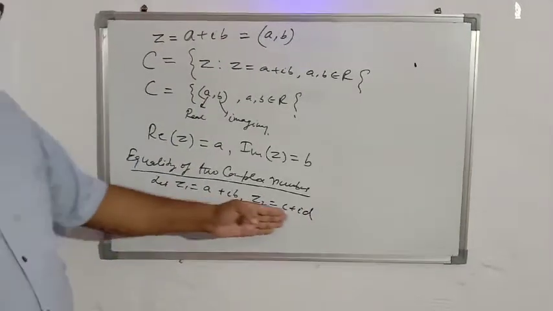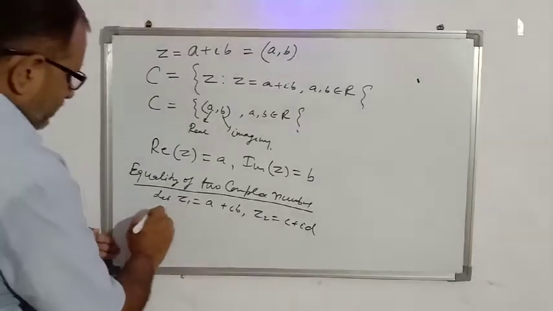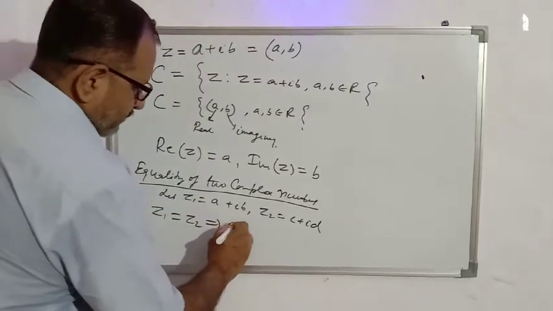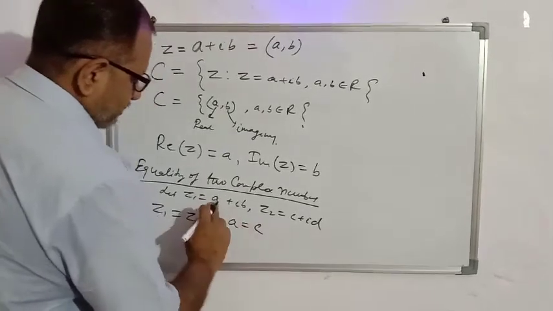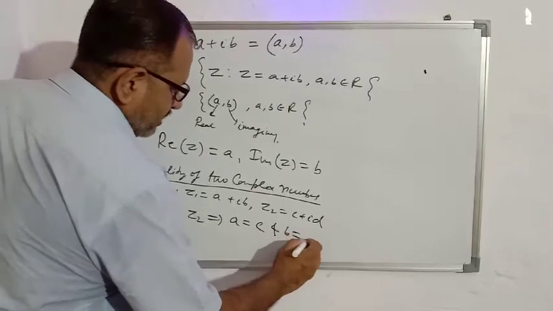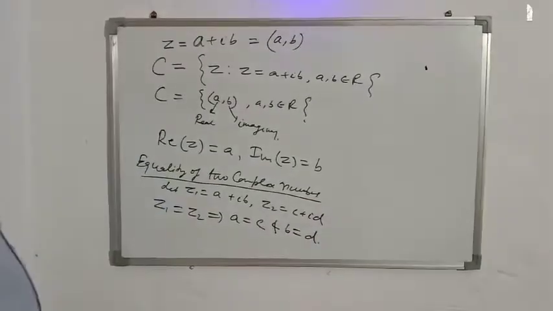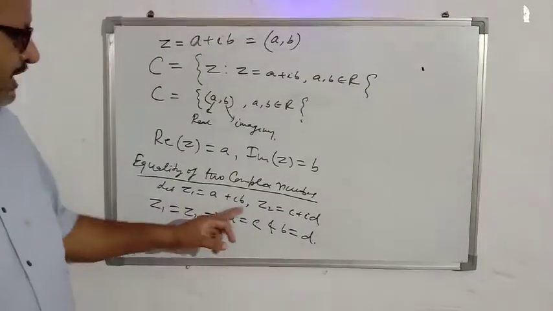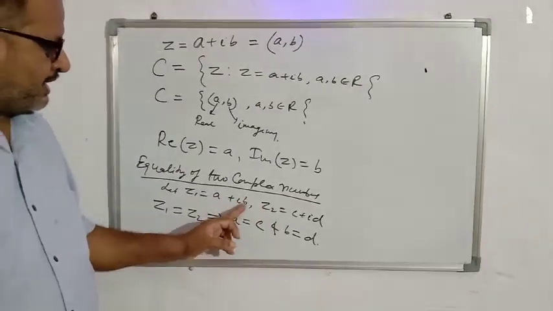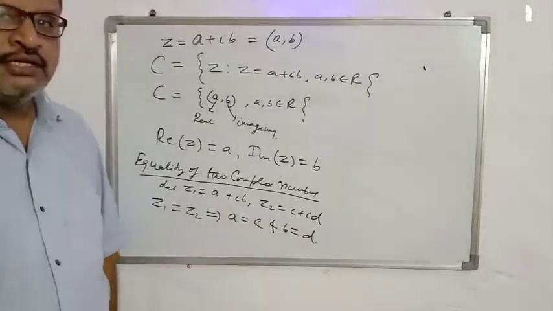There are two complex numbers. If they are equal, z1 will be equal to z2 if a is equal to c, meaning real part is equal to real part, and imaginary part is equal to imaginary part. So two complex numbers will be equal if their real parts are equal and corresponding imaginary parts are equal.